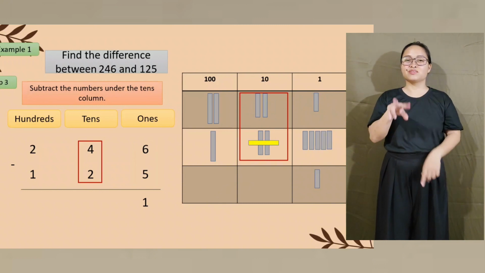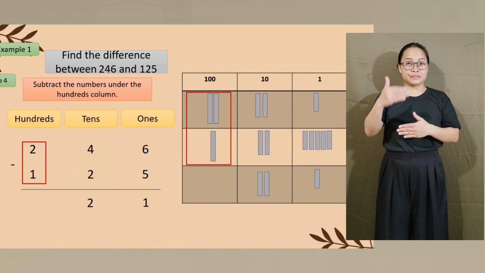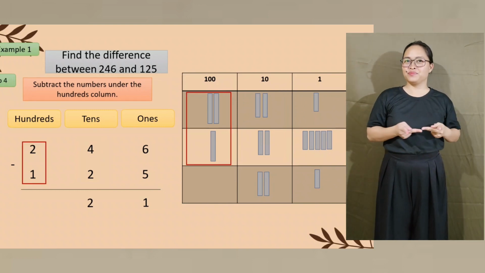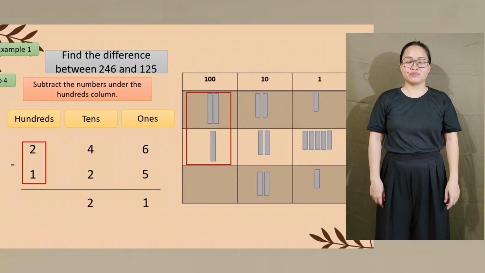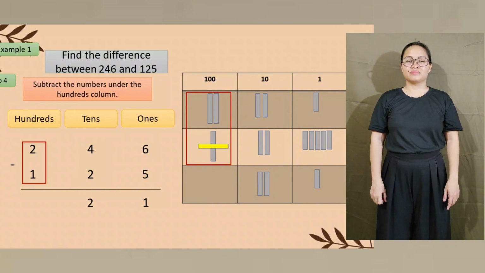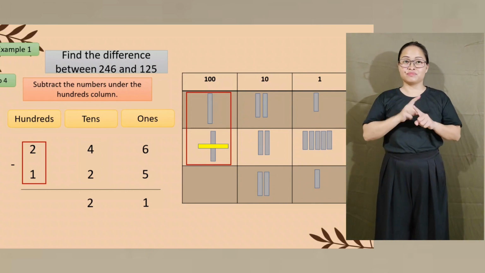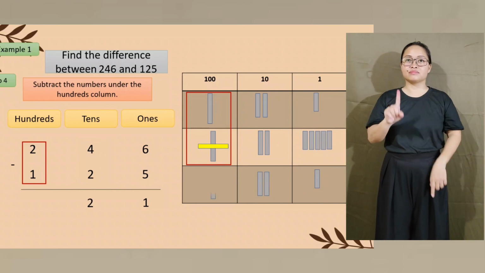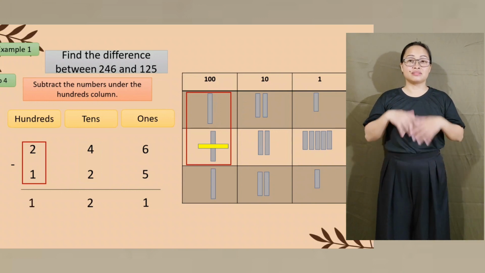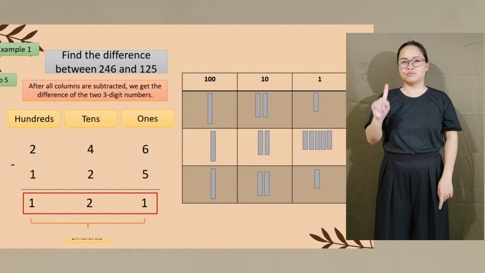The answer is 2. Then subtract the numbers under the hundreds place. So 2 minus 1, if we take away 1 from 2, the answer is 1. Now this is the difference. The difference is 121.